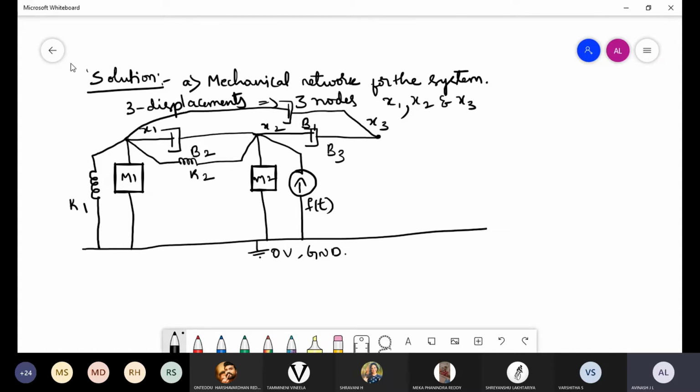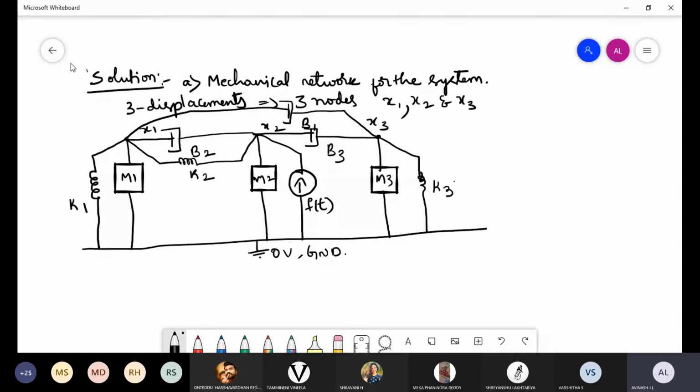So I can take this as M3, and this as K3. After that, are any other things connected from x3? To x1, we have already taken. x3 to x2, that also we have taken.